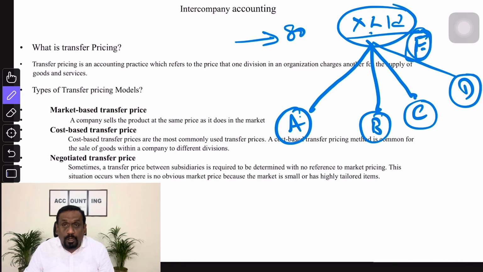If X is sending only at the cost of 80 rupees, then what is the profit for X Limited? So X Limited has to transfer this product to the respective subsidiaries by charging some margin, by keeping some profit on top of 80 rupees, right? So that price has to be decided by X Limited before transferring that product to the subsidiaries.